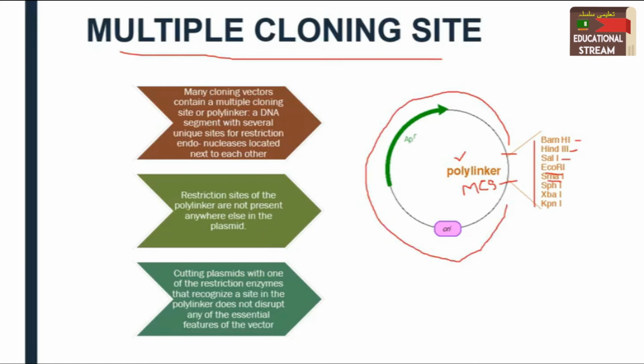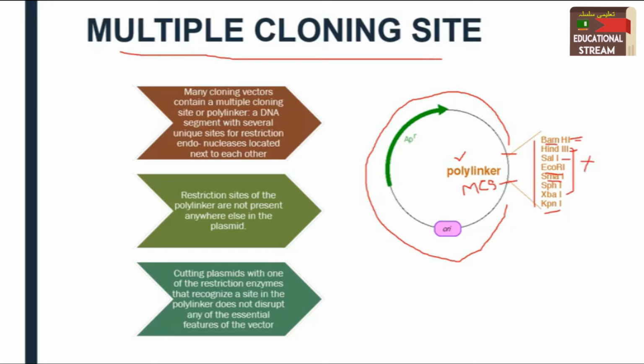For example, if we choose BamHI, which is located at this position, and KpnI at this position, then we will treat the plasmid as well as our cloned gene with these restriction enzymes, and we have introduced the restriction enzyme sites during the PCR amplification with the primers. So our foreign gene will get inserted into it, and all this region of the restriction sites will get removed or replaced with the foreign gene.